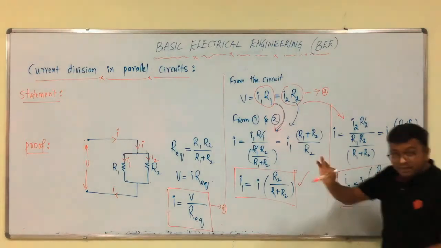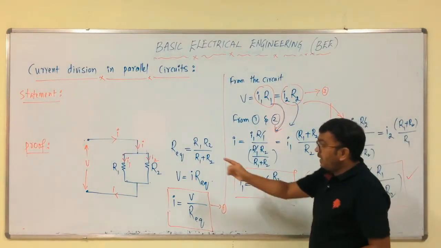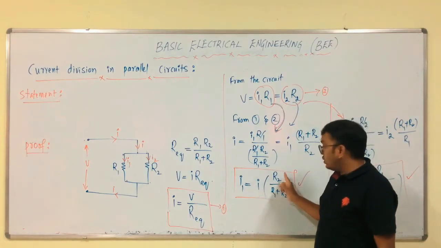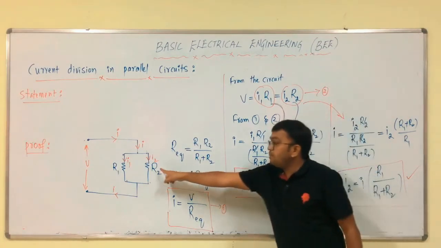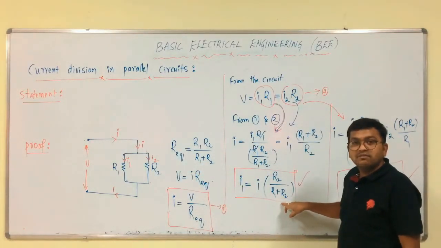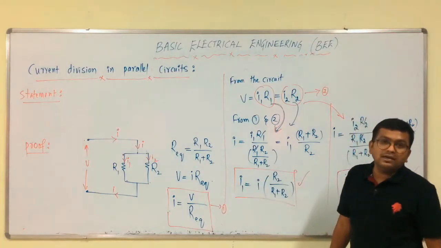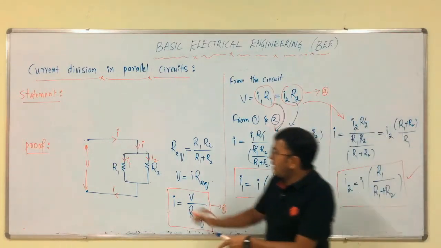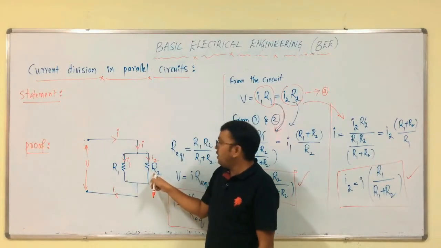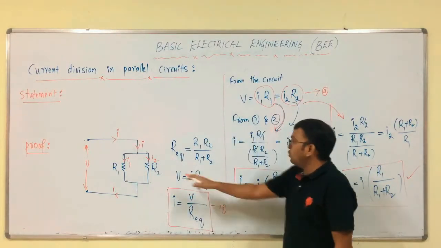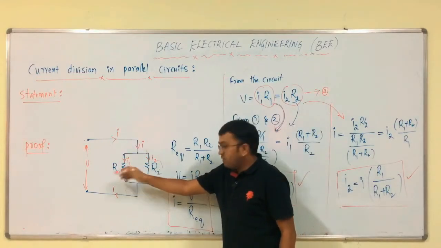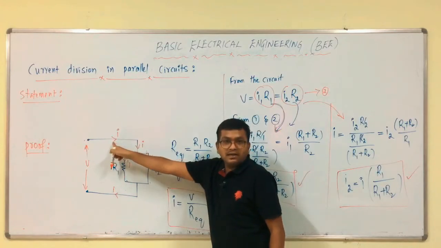So, from this the statement is what? The current in any particular branch is equal to the ratio of the opposite branch resistance to the total resistance, multiplied by total current. Means the current through this branch is the ratio of the opposite branch resistance, that is R2, to the total resistance in the circuit, multiplied by the total current in the circuit.